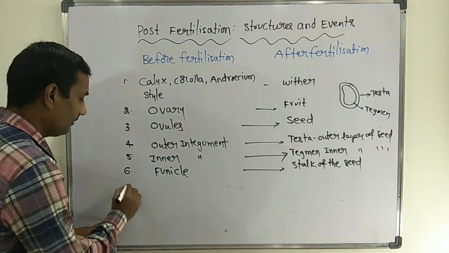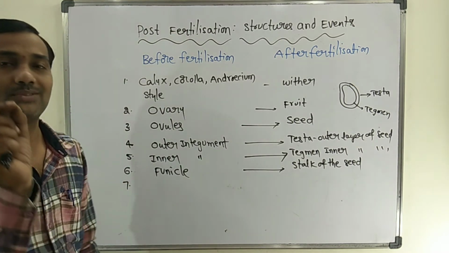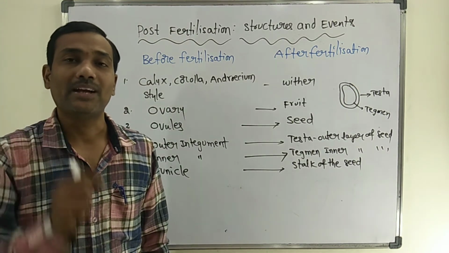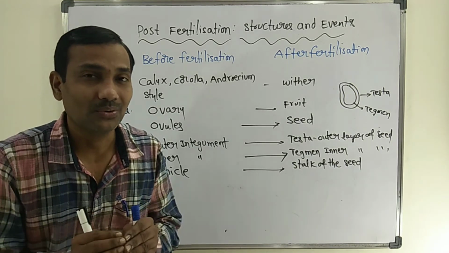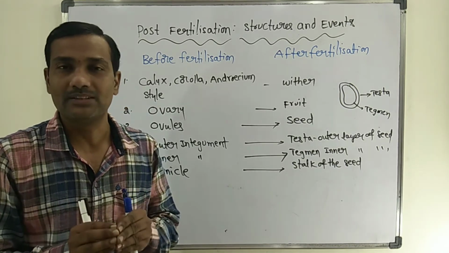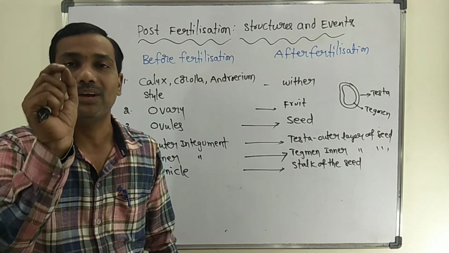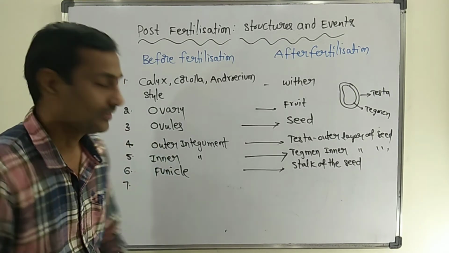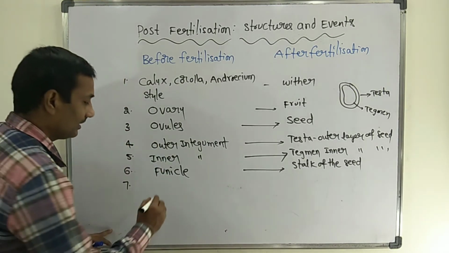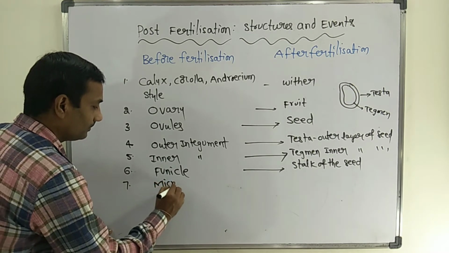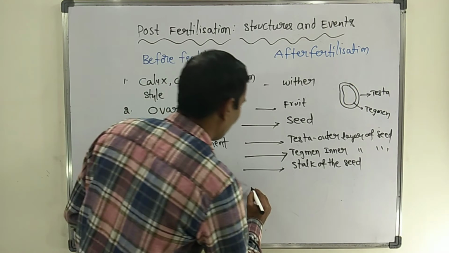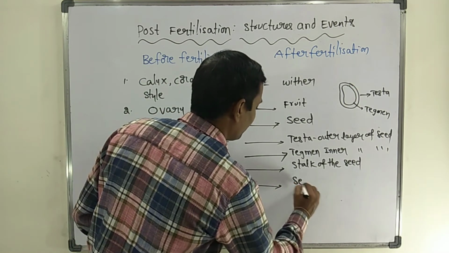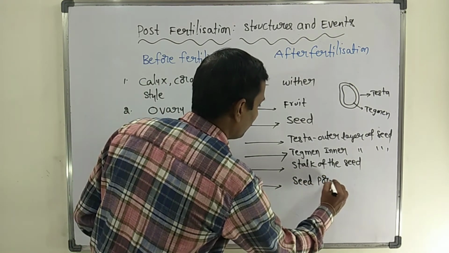Next, the ovules have a small opening, that is the micropyle. The entire embryo sac is not enclosed completely by the integuments. Integuments leave a small pore or gap. What do you call that gap? Micropyle. It modifies into the seed pore.